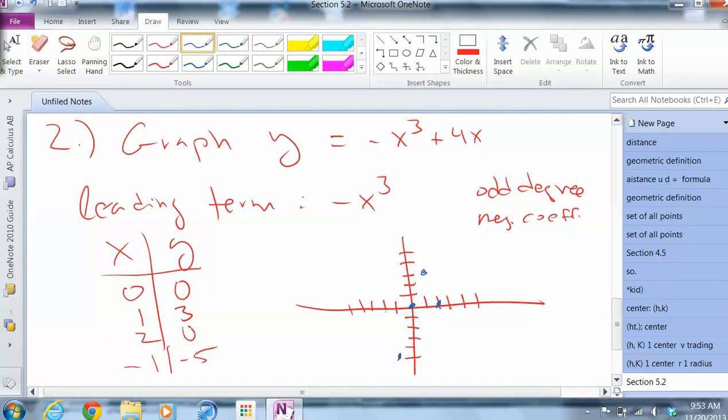So we know the arrows have to go like this. Again, odd degree, arrows in opposite directions, negative coefficient. And again, when we figure that if we plug in a positive value for x, y is negative. Based on what we see here, if we plug in a negative value for x, y should be positive.